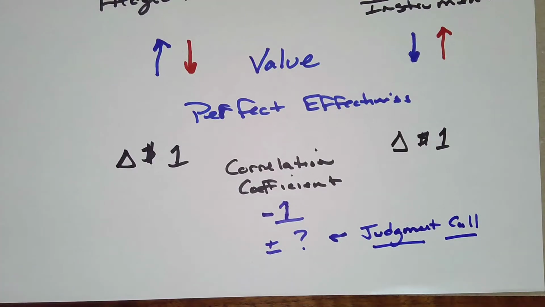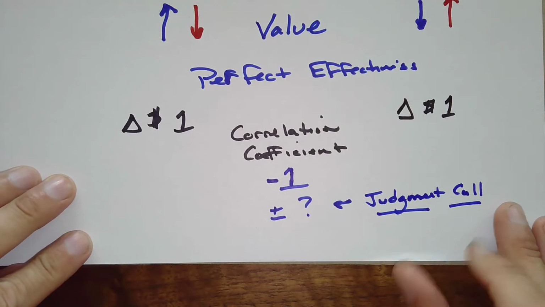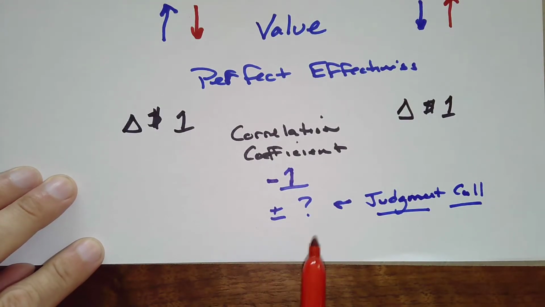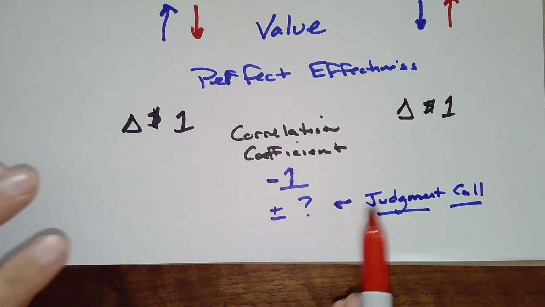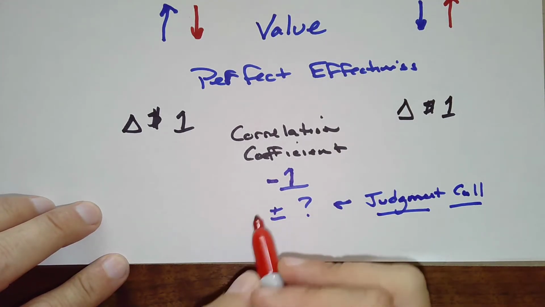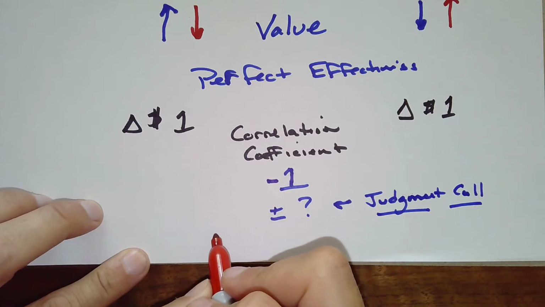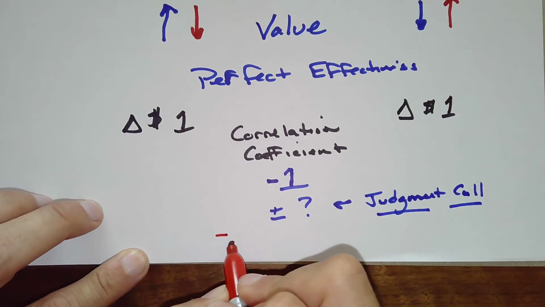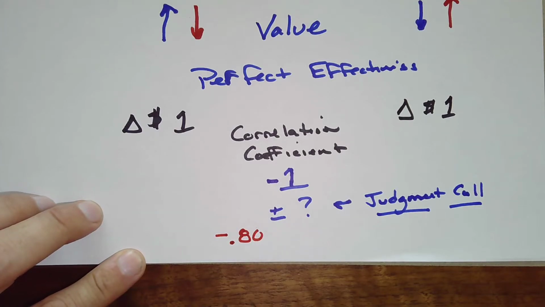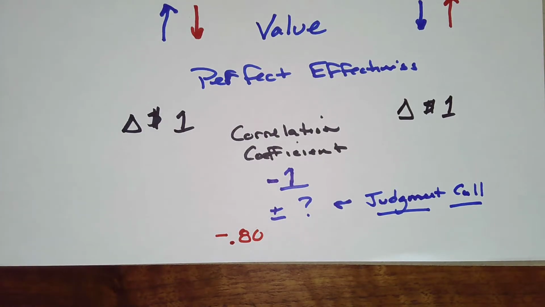Now you'll see in the book, and in some of the applications, and listening to different organizations, they might tell you that this has got to be a correlation coefficient, or a relationship, where you probably can't go below -0.8. Right? That's probably the extent that you could go as far as your correlation coefficient.